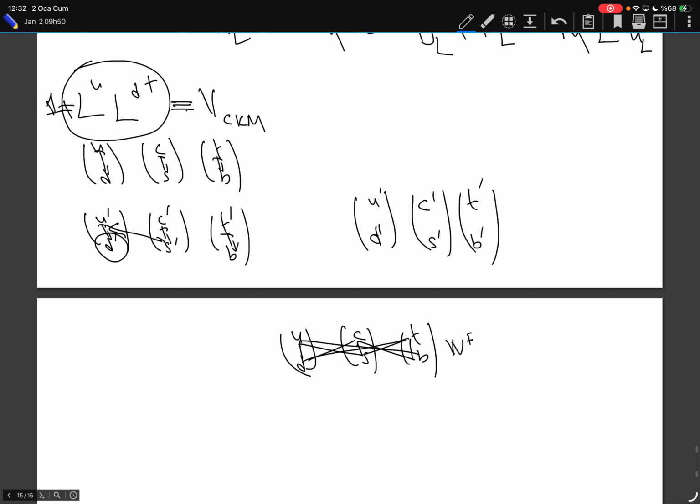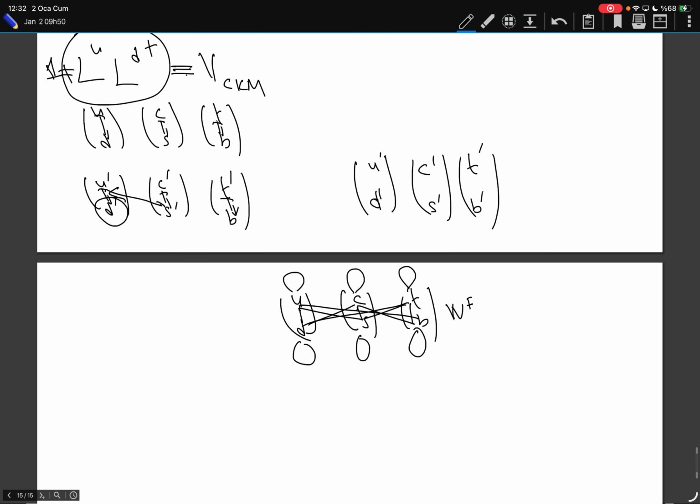Neutral currents, Z mu interaction, is still flavor diagonal, meaning that U remains as U, or C remains as C, T remains as T. So we don't get what is called the flavor changing neutral currents.